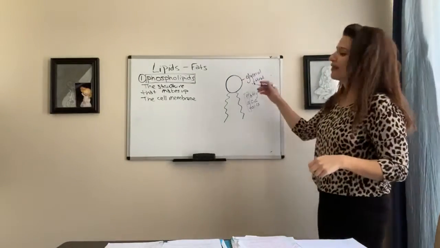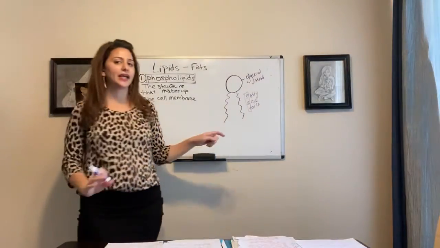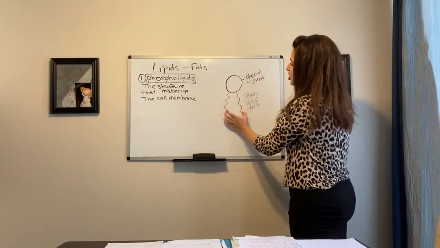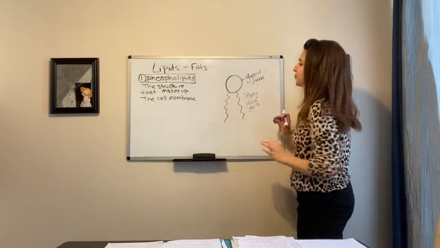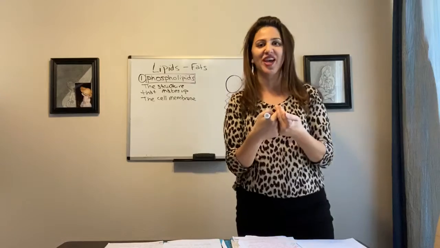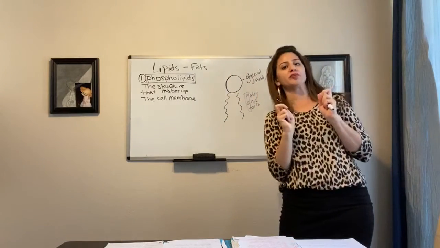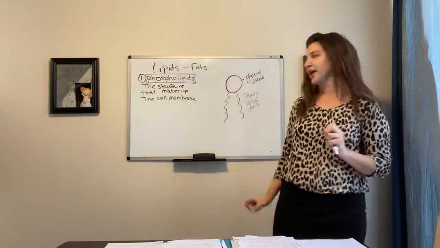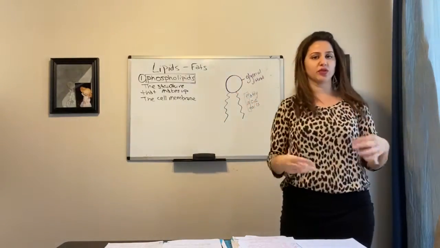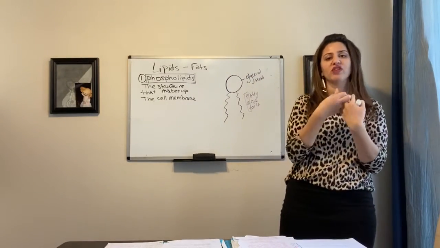So now the way that this works is that the fatty acid tails are basically attached to this glycerol head over here. And the way that they attach is through dehydration synthesis, okay? So this entire structure is what we call the polymer of the lipid, whereas the different individual parts would be the monomers of this lipid. And then they come together with dehydration synthesis.